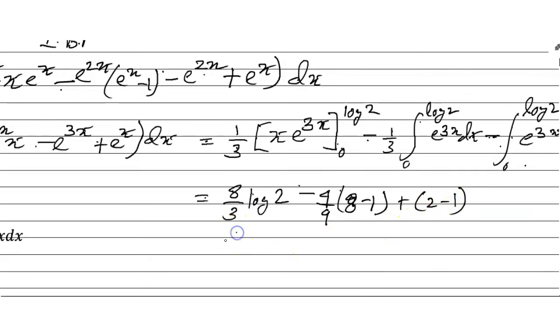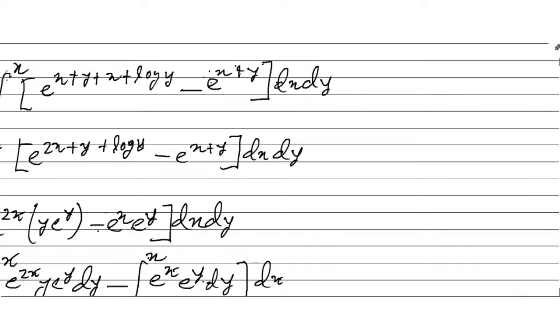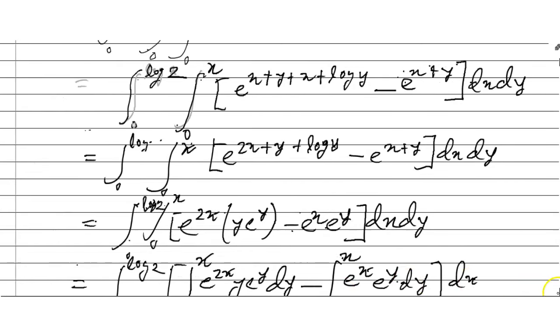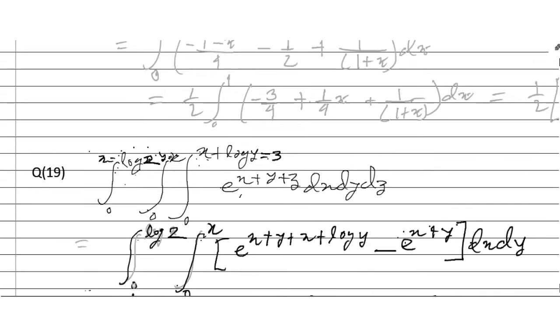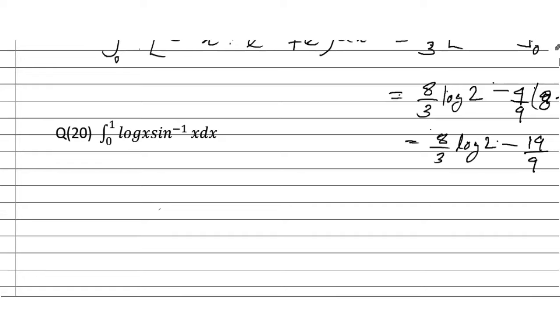So my answer will come 8/3 log 2 minus 19/9. So I hope I can clear this, friends, that this is the total concept. Now next I will go to this problem, because this answer we know all.